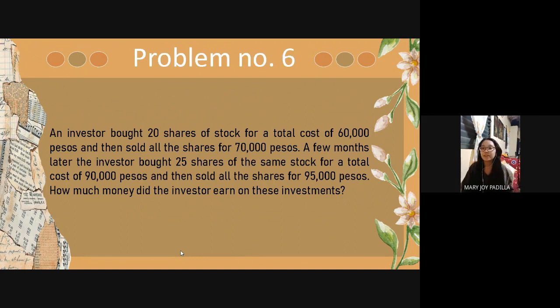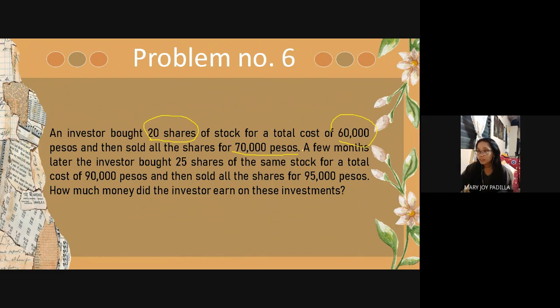This one is: an investor bought 20 shares of stock for a total cost of 60,000 pesos in the first transaction. Then sold all the shares for 70,000 pesos.